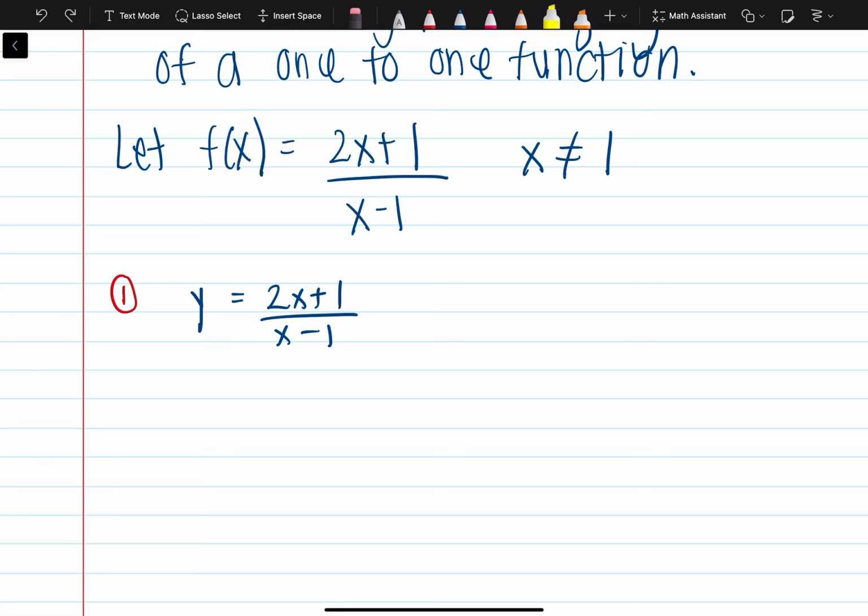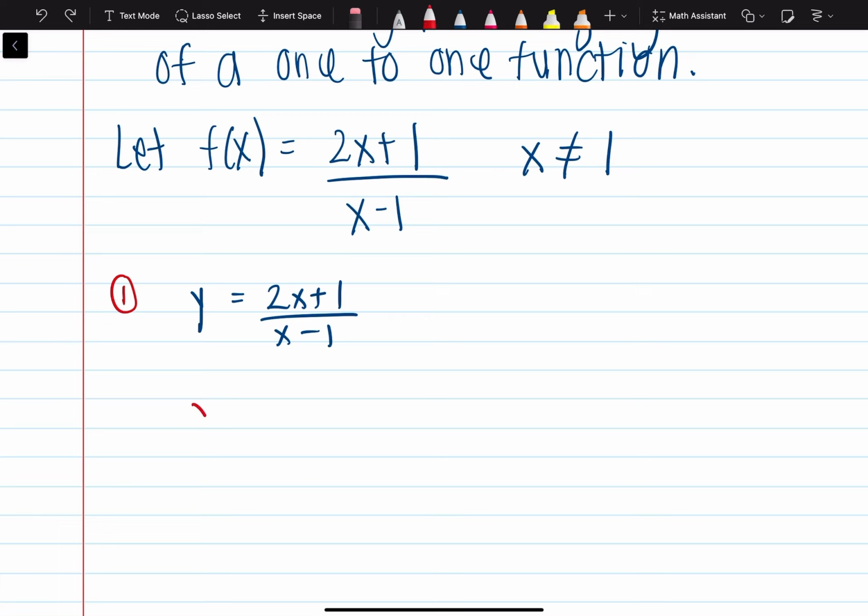Okay, once you have done that, to find the inverse, you are going to interchange. You're going to swap your x and your y variables. So wherever you see an x, you're going to change it to a y. Wherever you see a y, you're going to change it to an x. So this will look like this.